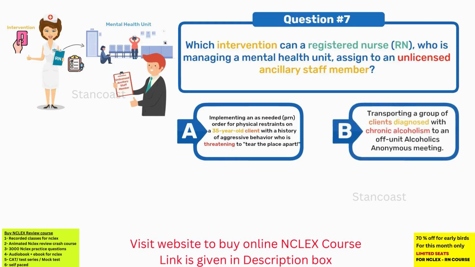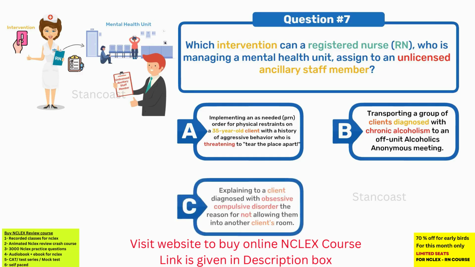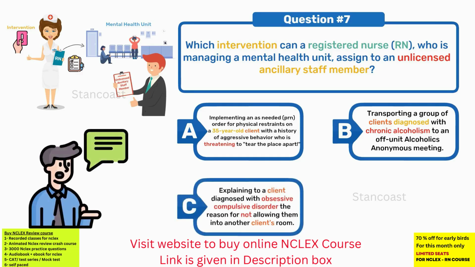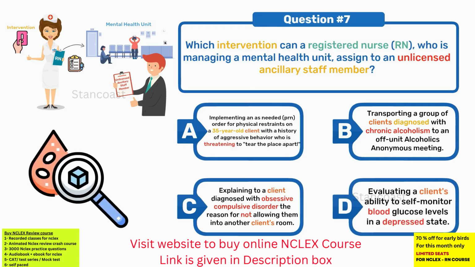B. Transporting a group of clients diagnosed with chronic alcoholism to an off-unit Alcoholics Anonymous meeting. C. Explaining to a client diagnosed with obsessive-compulsive disorder the reason for not allowing them into another client's room. D. Evaluating a client's ability to self-monitor blood glucose levels in a depressed state.